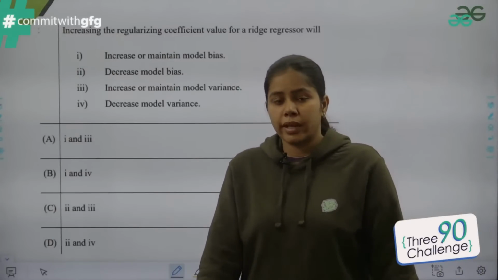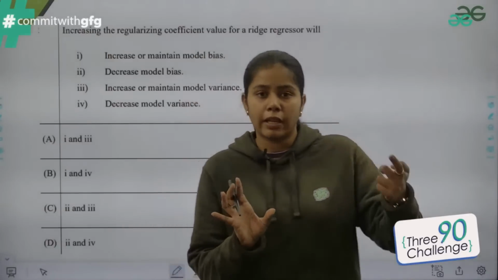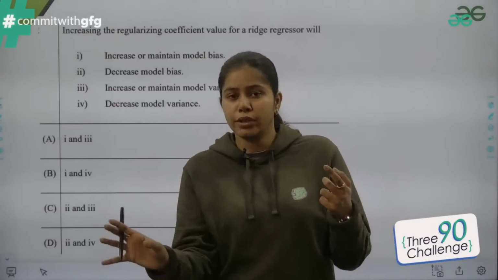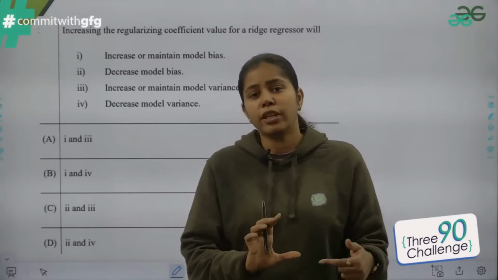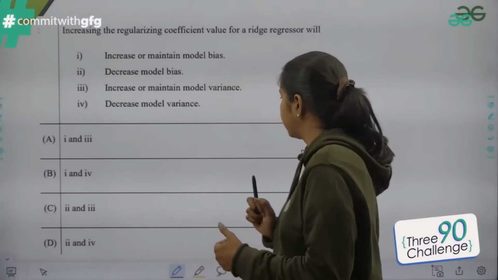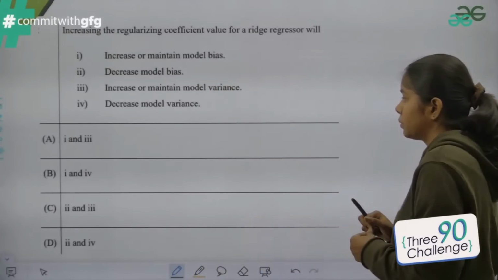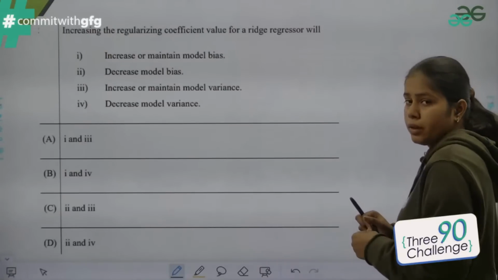What is the regularization coefficient? It is lambda. If I increase the value of lambda, that would help me reduce the value of wi, and if wi's value gets reduced, that would help me work on overfitting, right?